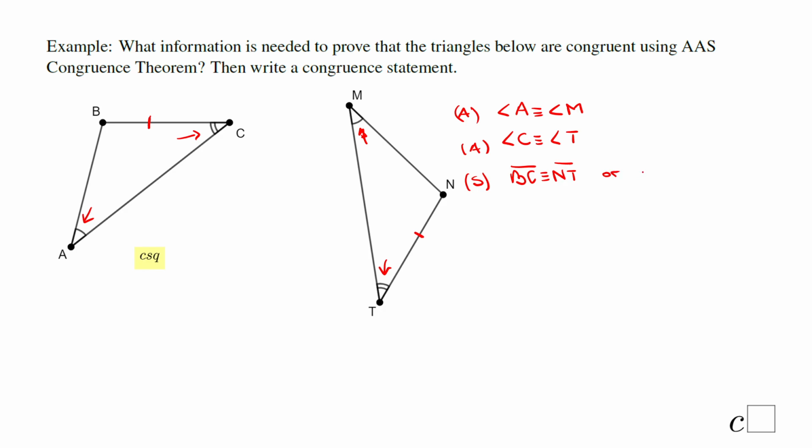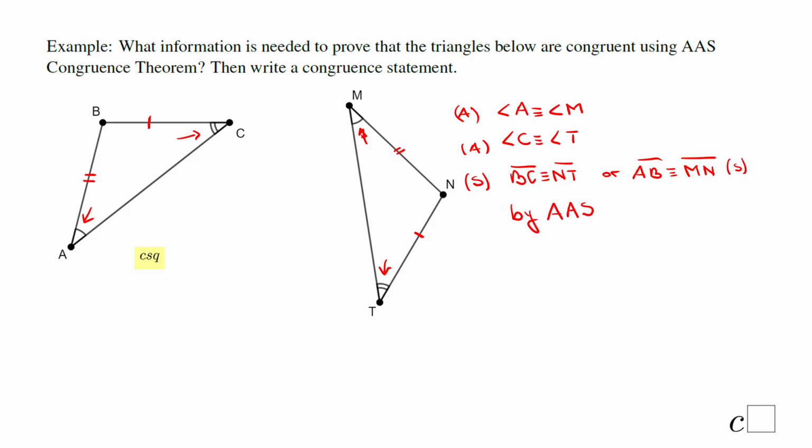Or can we say another way? Yeah, you may want to say these two guys, AB and MN. So yes, in this case you have two choices to use angle angle side.